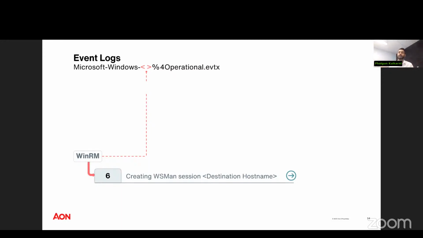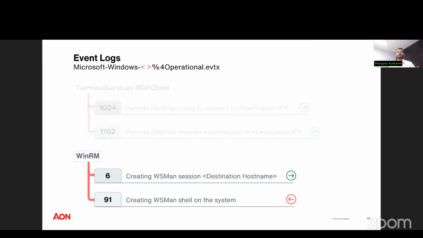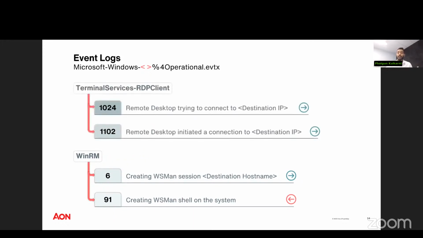This event ID can be found on the source system, and it will contain information about the destination system. Next, we have event ID 91, which suggests that a destination system received a remote connection from a source system. So it can be important in identifying how threat actors move laterally or access multiple systems at the same time.